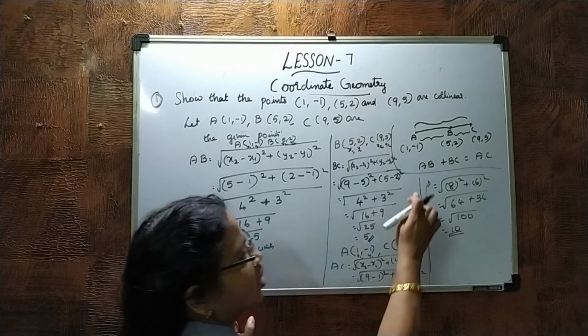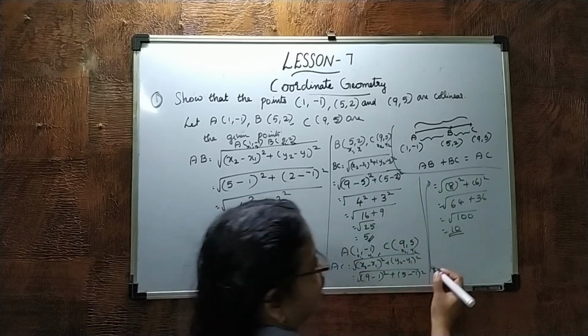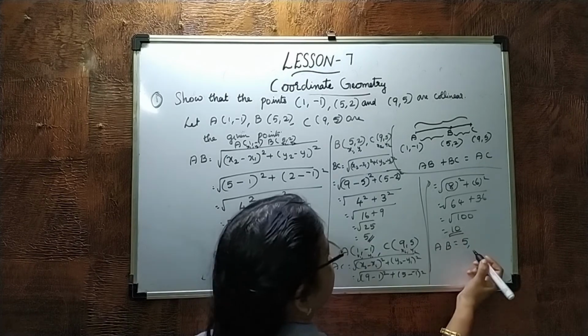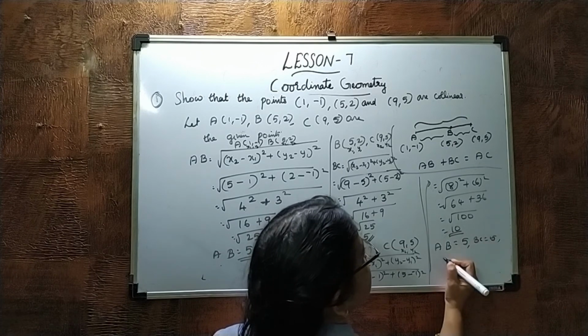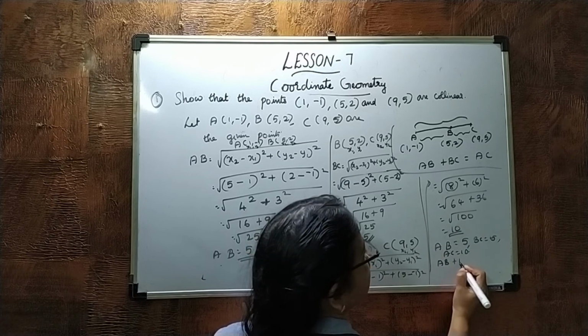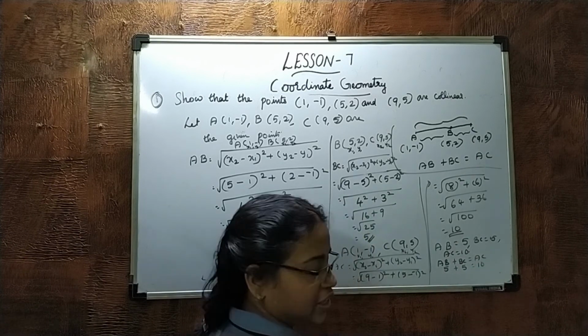Now look, you have to prove whether it is collinear or not. AB is equal to 5, BC equals 5, and AC is equal to 10. Then AB plus BC equals AC, that means 5 plus 5 equals 10. What can you say then?